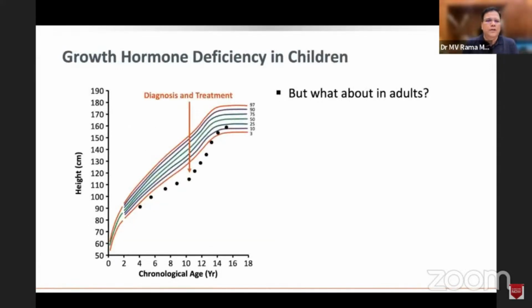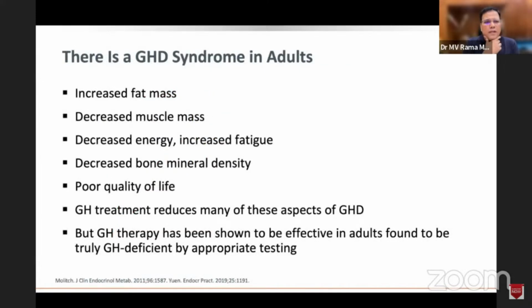So we know that with growth hormone deficiency in children, as the chronological age increases, the height is subnormal, and when we start treatment with proper diagnosis, the child goes back to normal height. This is how we treat growth hormone deficiency in children. And what about adults? There is a growth hormone deficiency syndrome in adults, a complex of increased fat mass, decreased muscle mass, decreased energy, and increased fatigability.